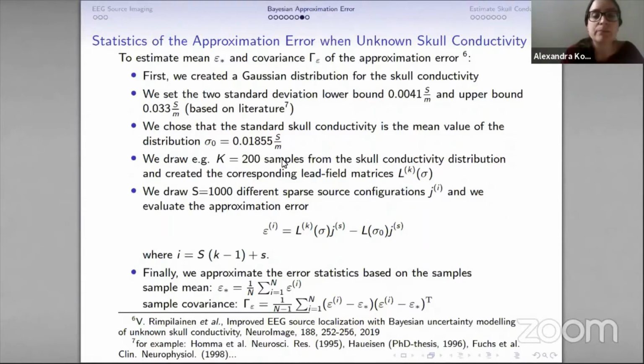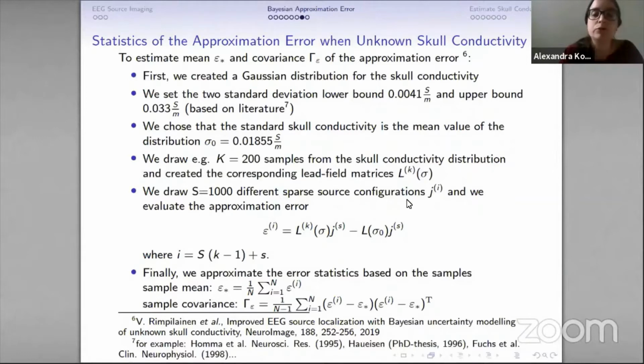And what we do with this, we took samples basically from this Gaussian distribution, and we plugged in the samples for the skull conductivity, and we created the corresponding lead field matrices for all these 200 samples.